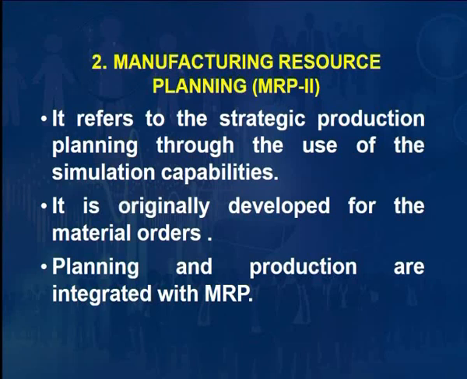What is manufacturing resource planning? It refers to strategic production planning through the use of simulation capabilities. It was originally developed for materials order planning, and production is integrated with MRP.